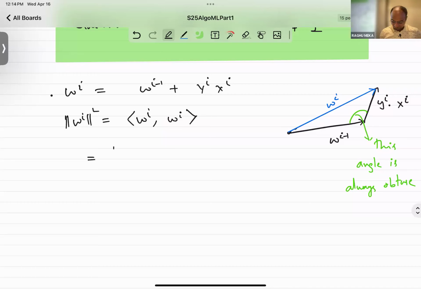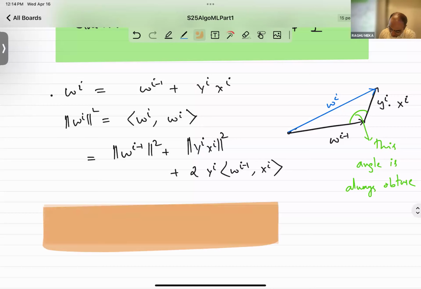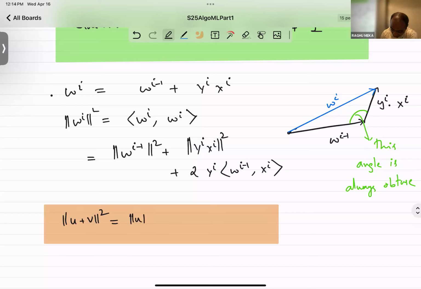And if I use the inner product formula, I get, and here I'm using the extension of Pythagoras' theorem, which says that when I add two vectors, the squared length of the resulting sum is the sum of the squared lengths plus 2 times the inner product between them.